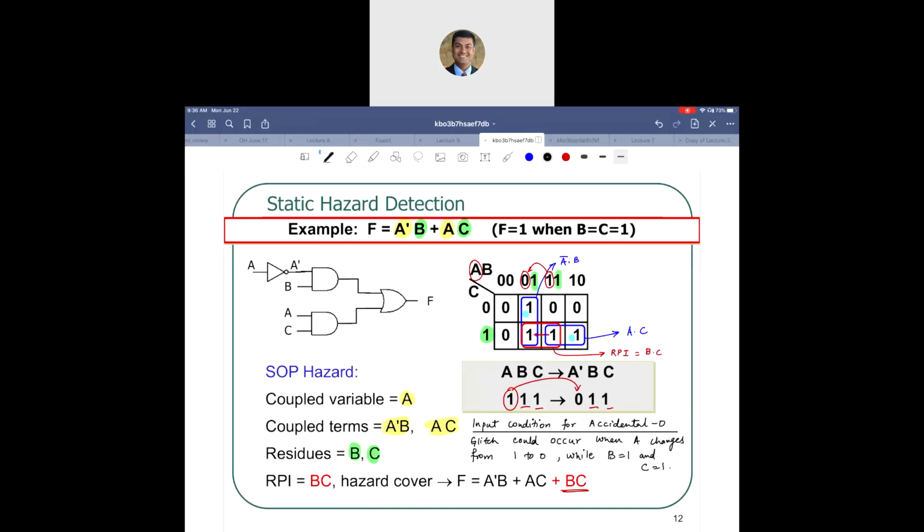So that's the condition in which the accidental 0 could happen. So it's the red guy. The RPI term is the term that will make the function glitch free.